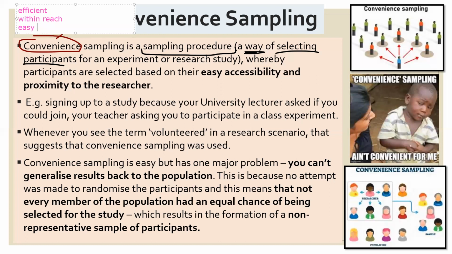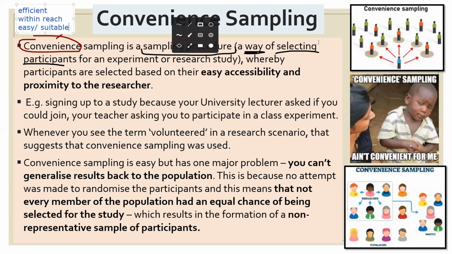So all of these synonyms basically explain what convenience sampling is, that it's a way in which we select participants looking at our best interests. Our best interest means looking at what's easiest for us to do. So usually this involves choosing participants that are within your reach or who are close by to you.